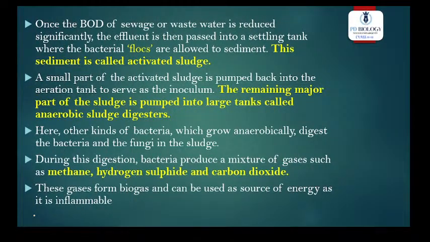Once the BOD of sewage or wastewater is reduced significantly, the effluent is then passed into a settling tank where the bacterial flocs are allowed to sediment. This sediment is called activated sludge. Very important. What is activated sludge?